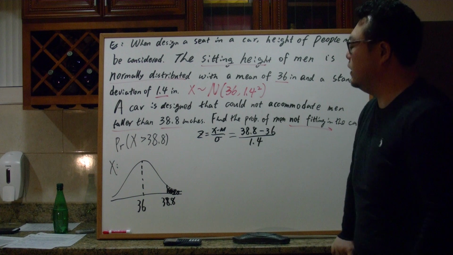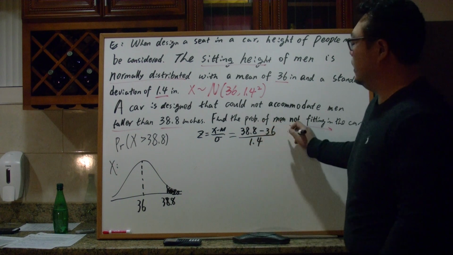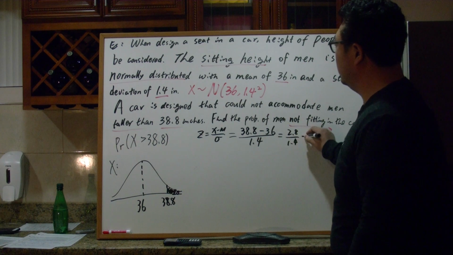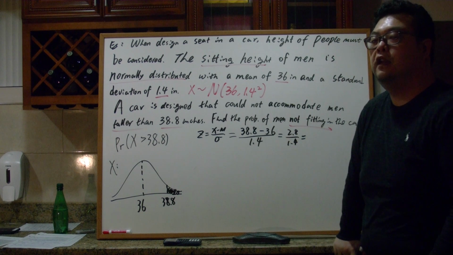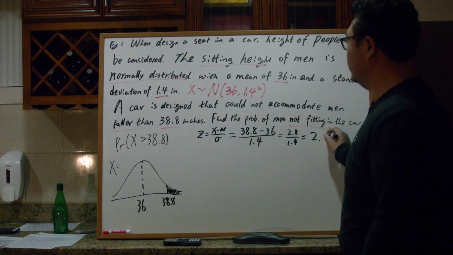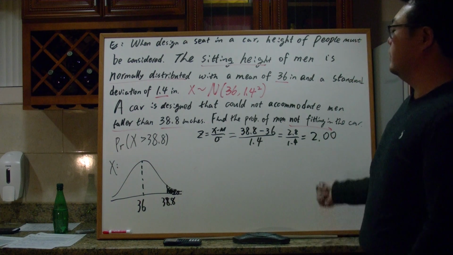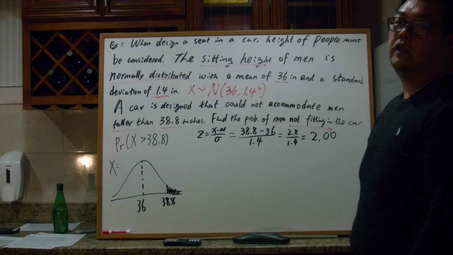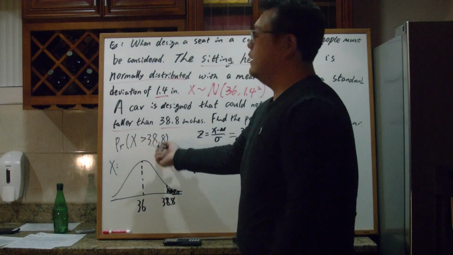Using the calculator, we find the difference first, which gets 2.8, and when we divide by 1.4, as I always ask you to keep two decimal places, even if you find it's a whole number, always keep two digits of decimals, because the table given has two decimal places.